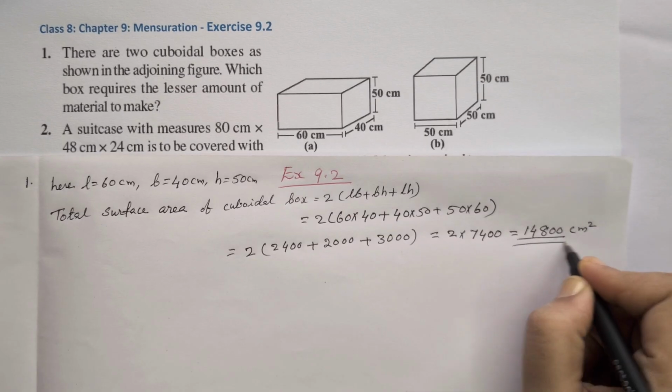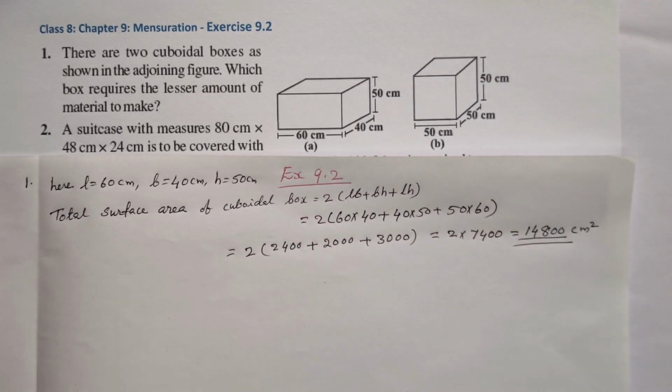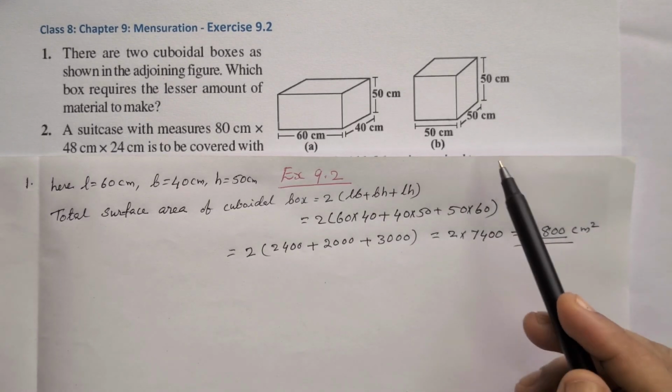So total surface area of the cuboid, that is 14,800 centimeter square. Now next it's a cubical form.